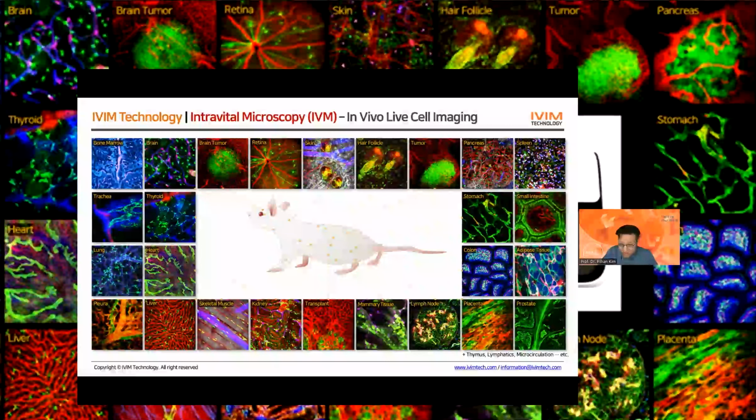Also, we have been able to image the prostate and placenta in the pregnant mouse model, various lymph node, mammary tissue, and then some cell transplant, kidney, muscle, liver, heart, lung, thyroid, and so on. So we have different small devices and accessories that can be used for all these different organs and tissues in a live mouse model.